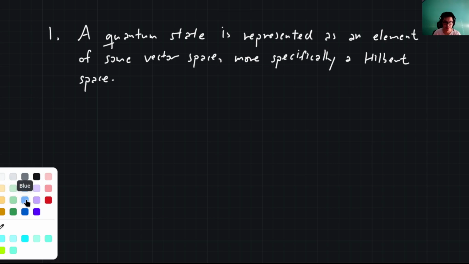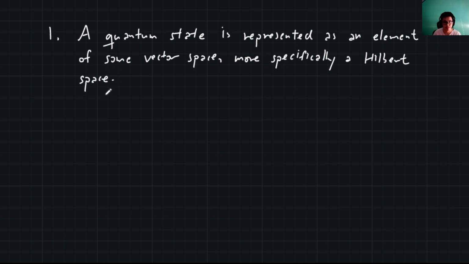So let's say an example. Ket psi can be thought of as, let's say, coefficient 1 psi of 1 plus coefficient 2 psi of 2. Now here's a qubit example.